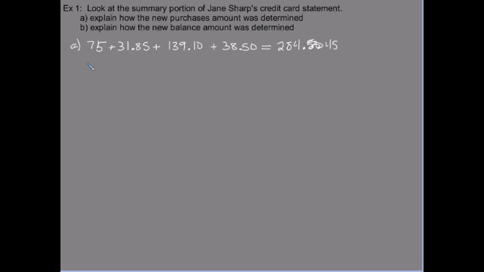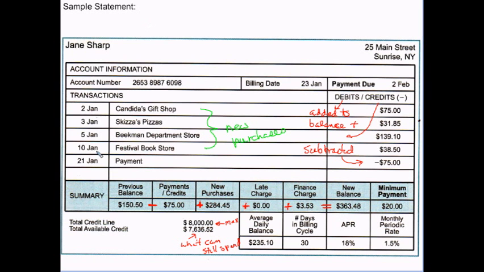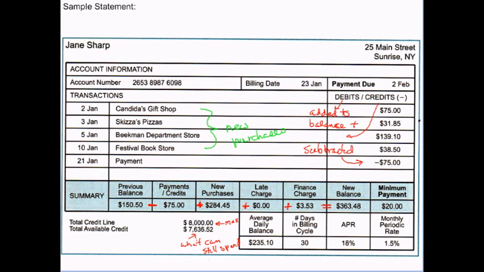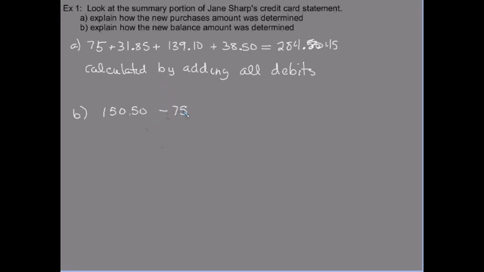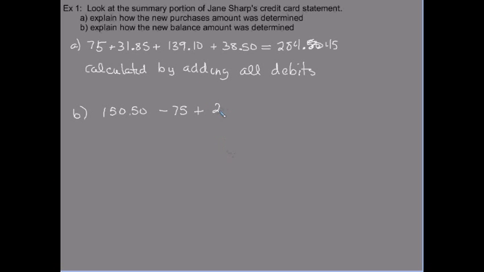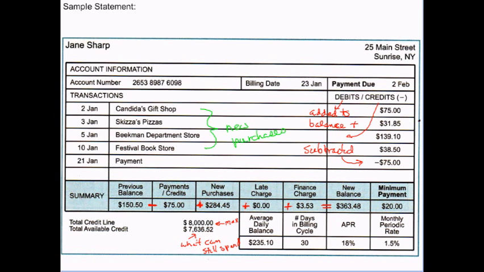Okay, so it was calculated by adding all debits. Okay, the new balance amount was determined by taking the previous balance, which was $150.50. We subtracted the payment. We add the new purchases. We add the late charge, but there wasn't one.